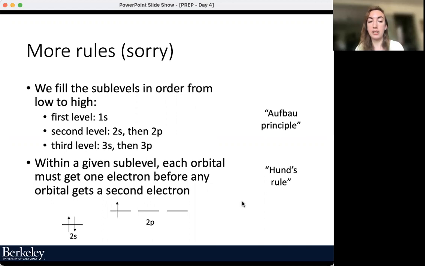Our first electron is going to go in the first 2p orbital. And then here's your first little quiz of the day: where should the next one go? Should the next one go paired with the first one that we put in, or should it go in a new empty orbital? I just launched a poll that you can go ahead and answer.